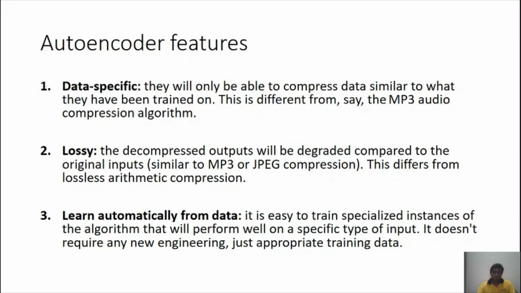So autoencoders do very well for data which they have seen before, but for generic applications this cannot be used. So that is the major takeaway that you can have from this particular slide.